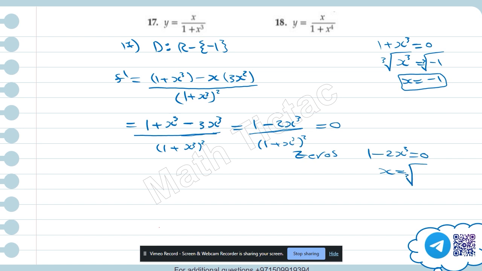So directly at 1 over the cubic root of 2, I will take a value to the right and a value to the left and substitute it in the derivative.